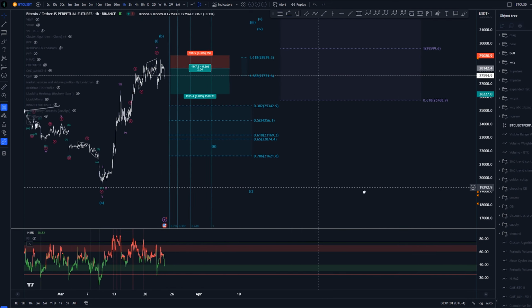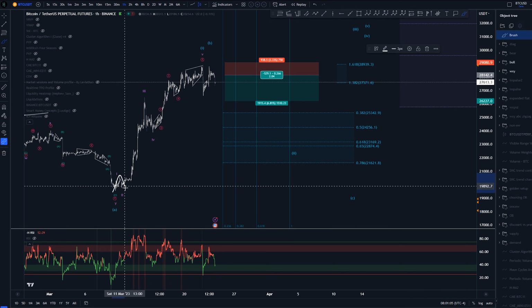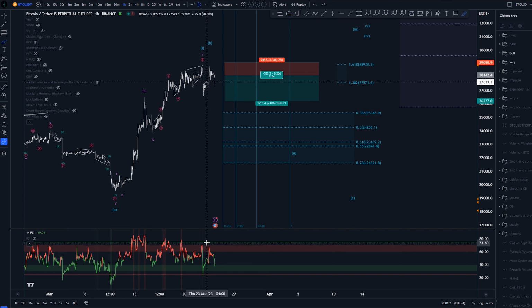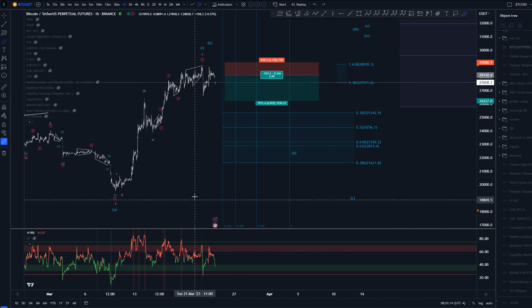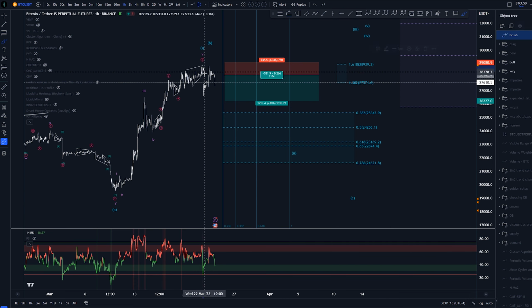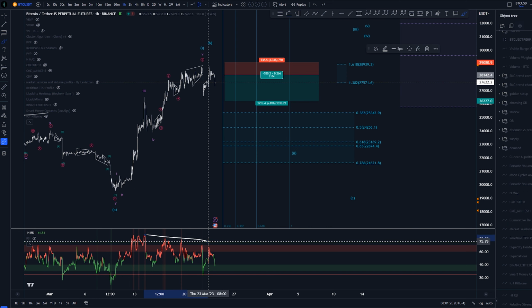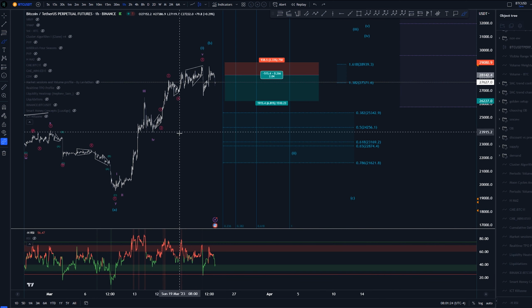Now, more local structures. We have been talking about this count for quite some time, where we had a 1, 2, 3, 4, and 5. What we have to consider here is the vast amount of divergences. We have to consider whether this drop here is actually done and it has used all the power of all these divergences. That is completely possible.